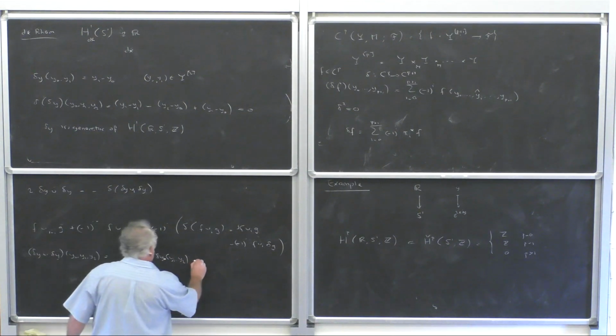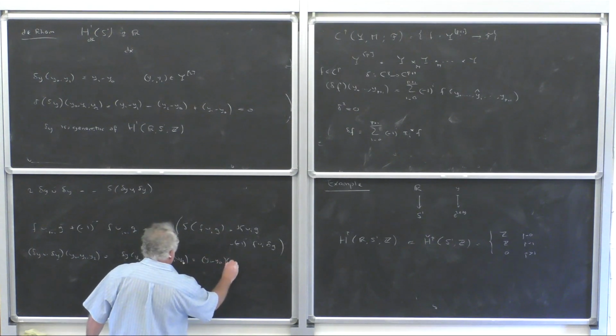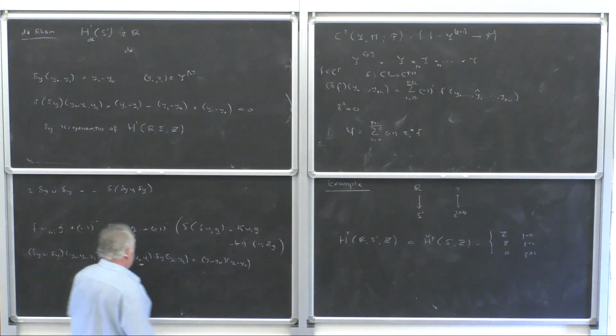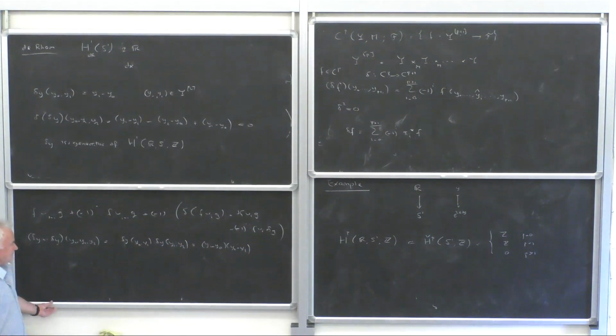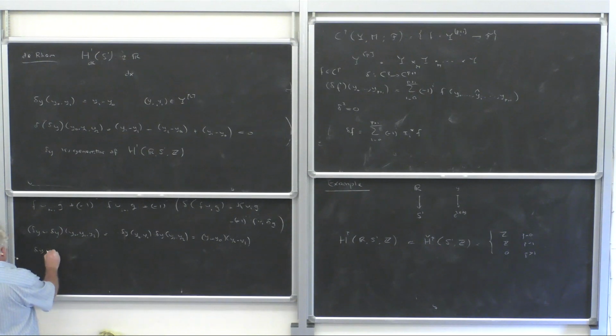So this is just y1 minus y0 times y2 minus y1. And I've also given you a formula for the cup 1 product.